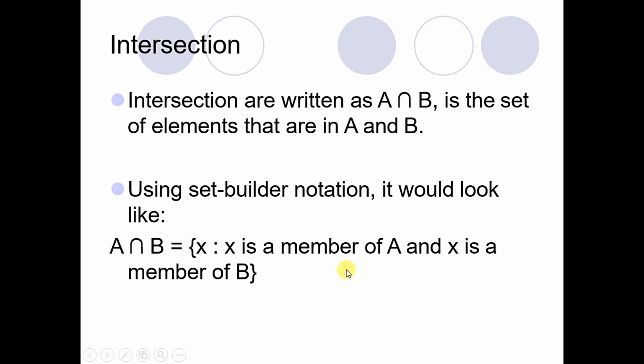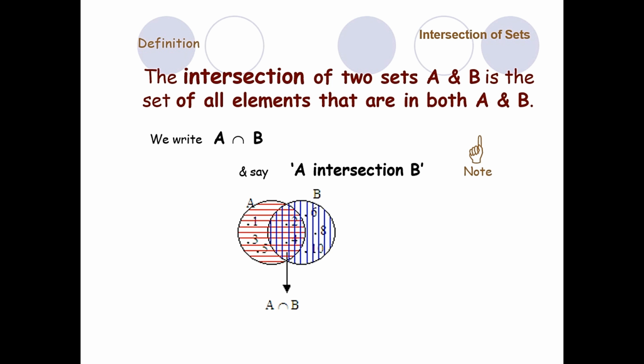The key word here is that in using intersection, we use the word and, while in the union, we use the word or. So if you take or as the word, that is a union, while if you take and as the word, that is the intersection.